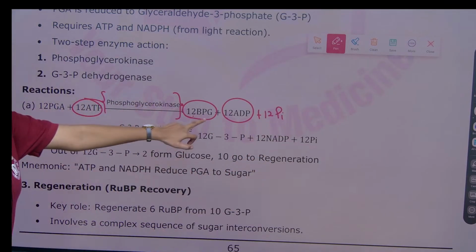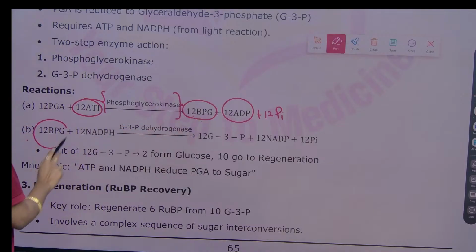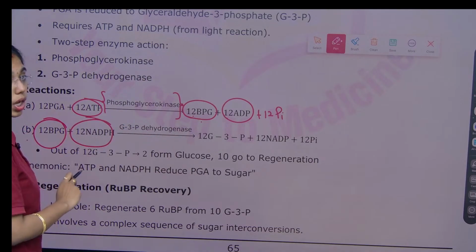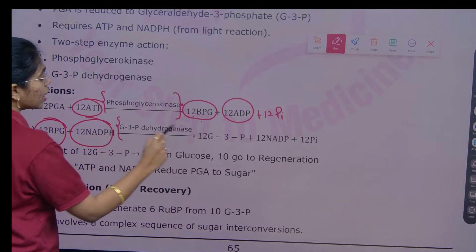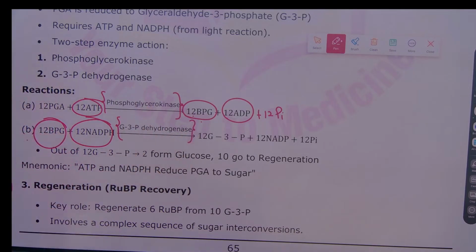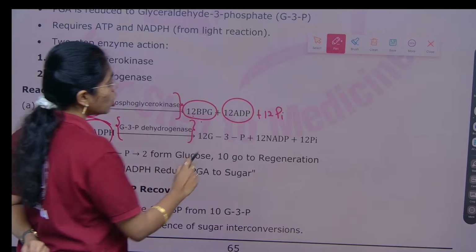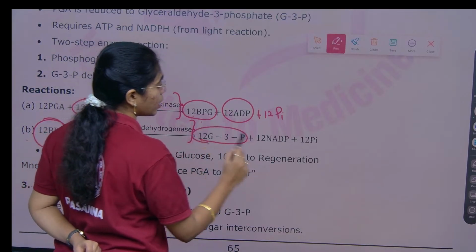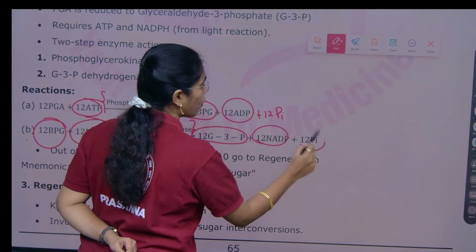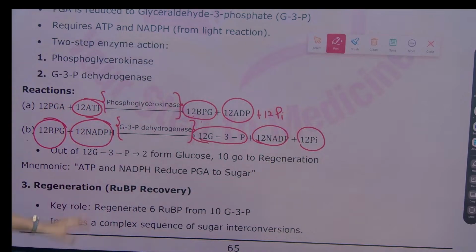Then 12 bisphosphoglyceric acid along with 12 NADPH, in the presence of the enzyme glyceraldehyde 3-phosphate dehydrogenase, forms 12 glyceraldehyde 3-phosphate, 12 NADP and 12 inorganic phosphate. Clear, right? These are the two steps you have to remember for sure.